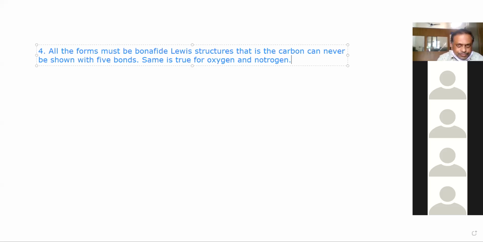For example, here we draw the structures of ethanol, methanol, CH3OH, and here lone pair.